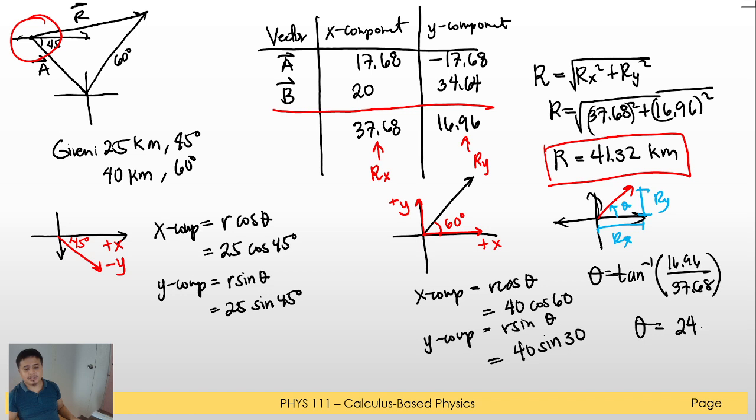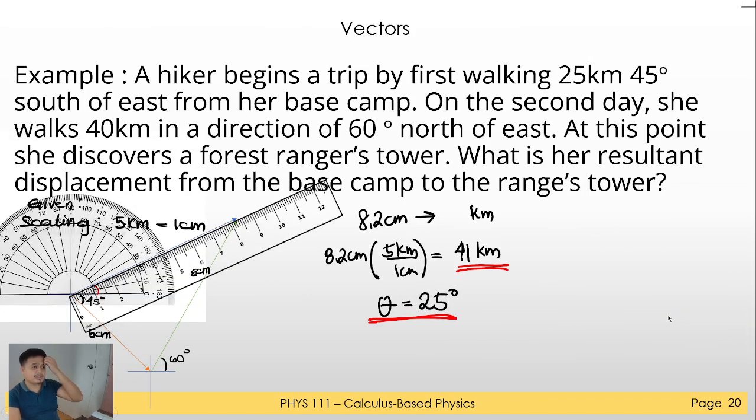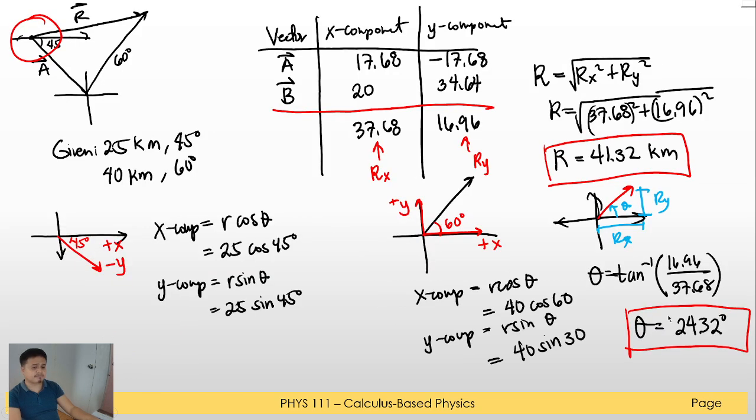As you can see here, it is almost similar to what we just measured. So that will be how you solve problems using vectors in the context of vector addition.